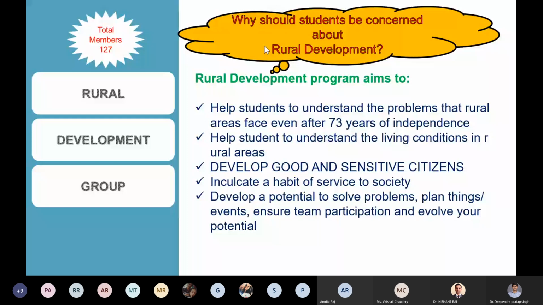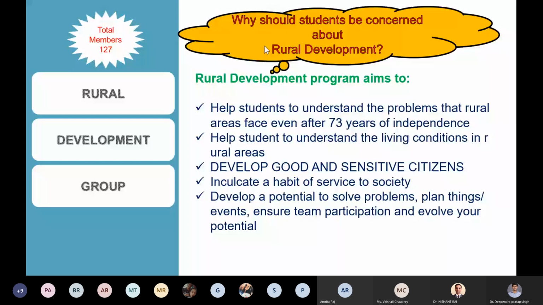More than 70% of our economy is dependent upon the agriculture sector. So this club helps students understand the living conditions in rural areas.